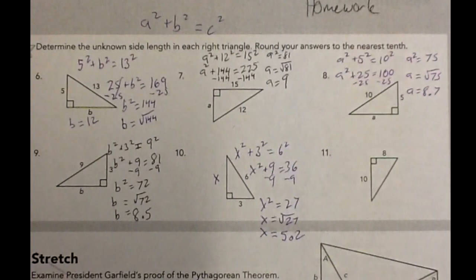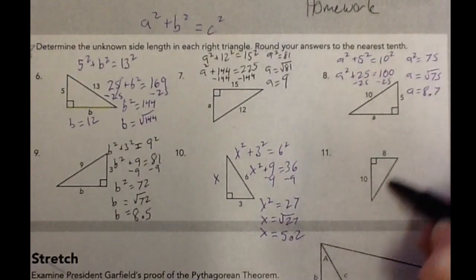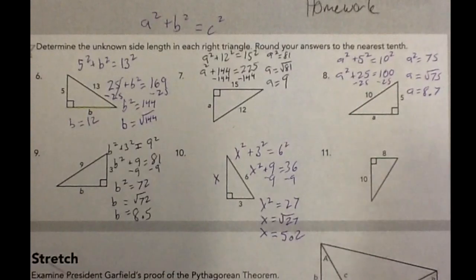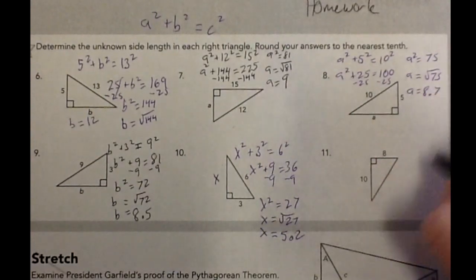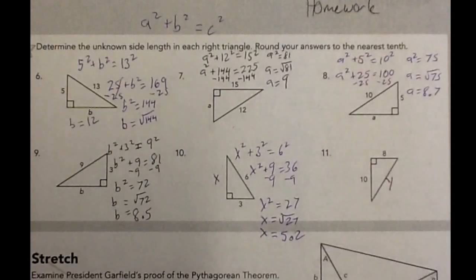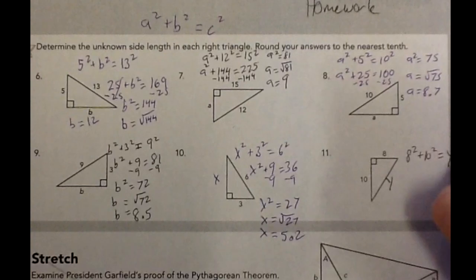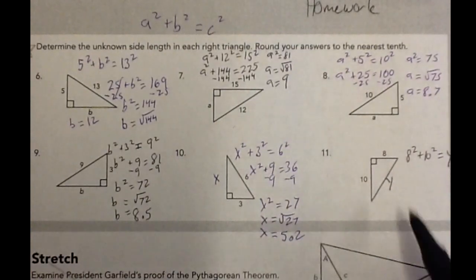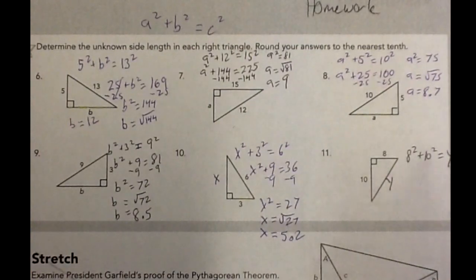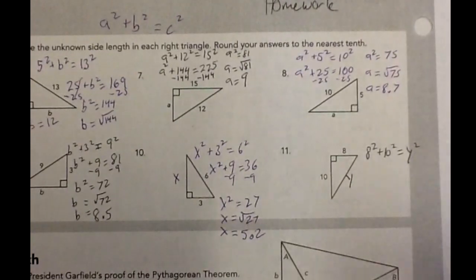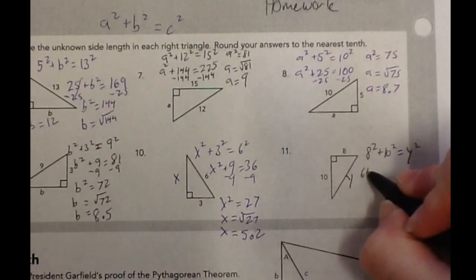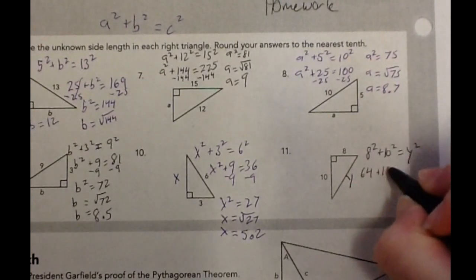And our last one over here, this time we have a missing hypotenuse. So it's slightly different, but just pay attention to what you're trying to do. You're always trying to get the unknown. So maybe I'll call this one y. So 8 squared plus 10 squared equals y squared. This is different because my unknown is the hypotenuse. So 8 squared is 64. 10 squared is 100.